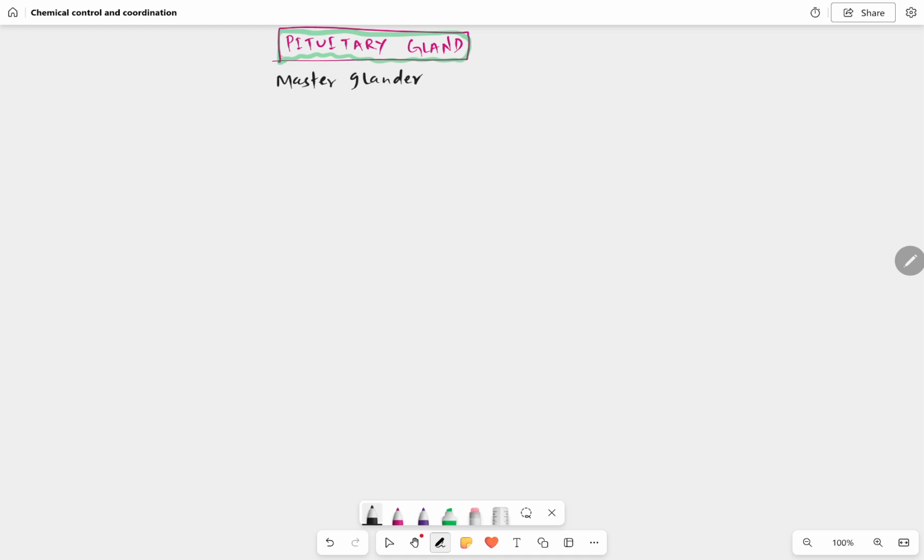Why is it the master gland? Because it controls the activity of other glands, so it is called the master gland. And what is the location of the pituitary?